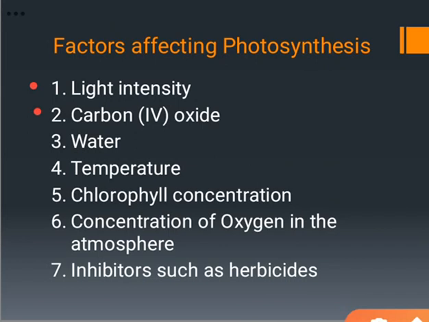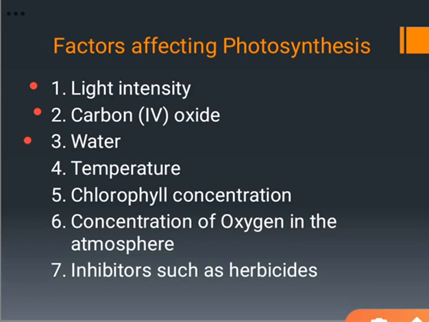If we have a reduced amount of carbon dioxide in the atmosphere, then because carbon dioxide is a raw material for photosynthesis, it will slow down the rate of photosynthesis. And when we have abundance of carbon dioxide in the atmosphere, then the rate of photosynthesis will be high.